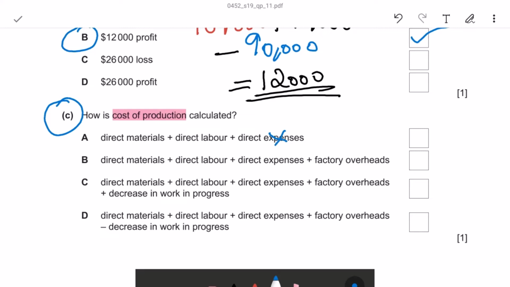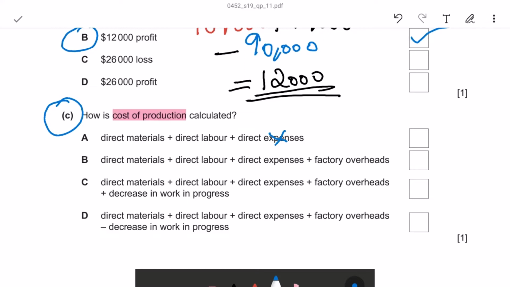Second one, direct material, direct labor expense plus factory overhead. It is correct if there is no work in progress. But here the options are given with work in progress: all the direct expenses plus factory overhead plus decrease in work in progress. Then the D option is all the direct expenses, indirect expense minus decrease in work in progress.